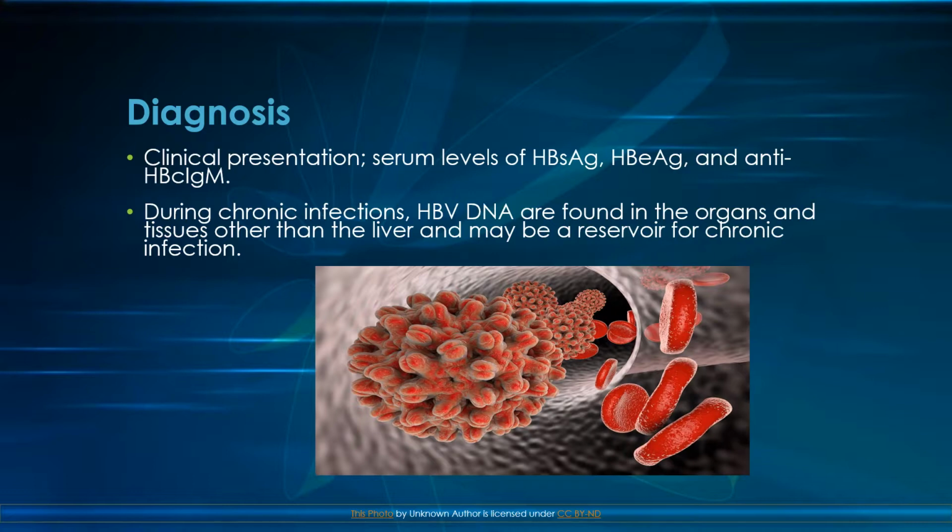Diagnosis is made through clinical presentation and serum levels of HBsAg, HBeAg, and anti-HBc IgM. During chronic infections, HBV DNA is found in organs and tissues other than the liver and may be a reservoir for chronic infection.